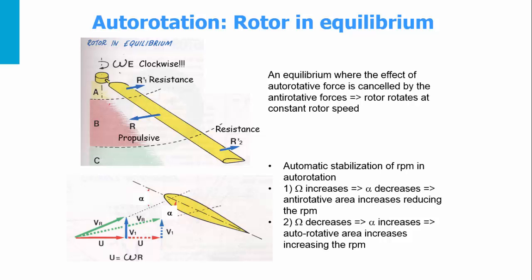There is actually an automatic stabilization of RPM in autorotation. If the omega, the RPM of the rotor, is increasing, the angle of attack is decreasing and the anti-rotative area is increasing, reducing the RPM. If the omega is decreasing, the angle of attack is increasing and the autorotative area is increasing, again increasing the RPM.